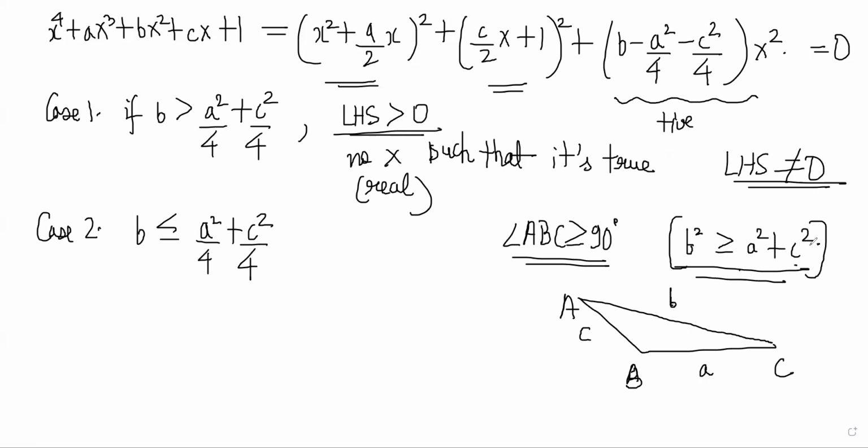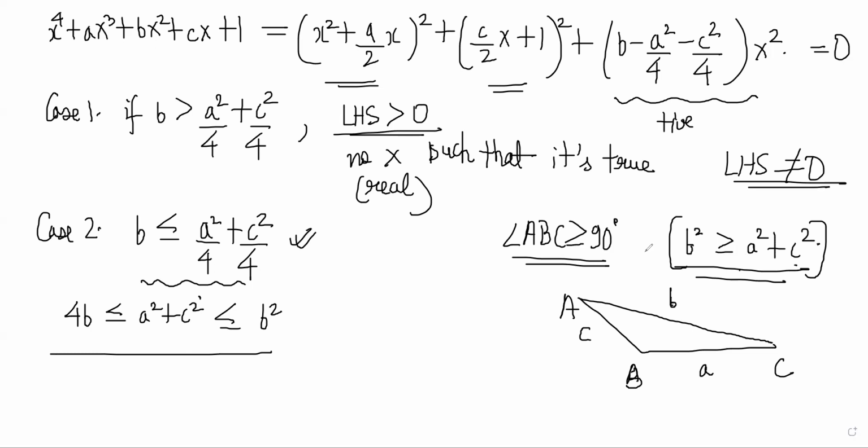So what we can say is from here we can conclude that 4b is less than a^2 + c^2. And a^2 + c^2 is less than b^2. Right? Using the two things that we have gotten, this thing and this thing, we are getting this relation. So basically b^2 - 4b is greater than or equal to 0, right?